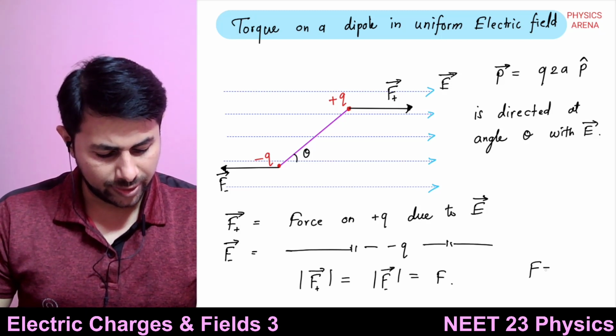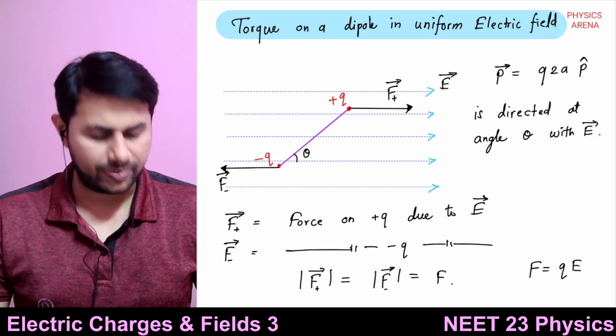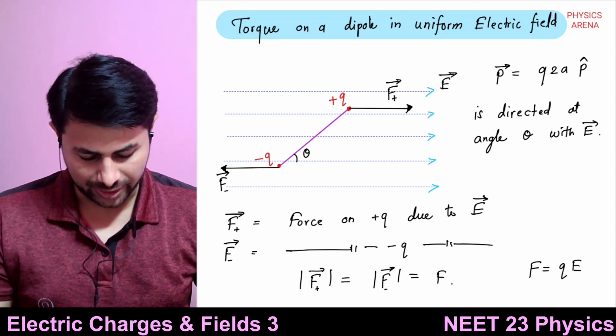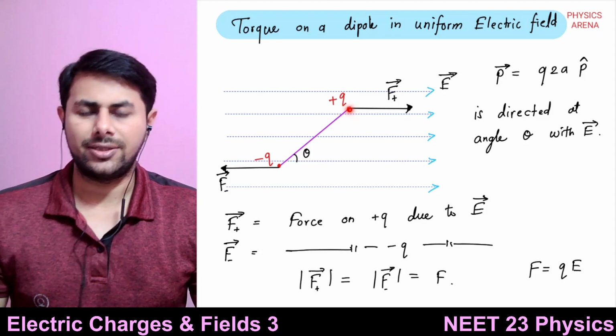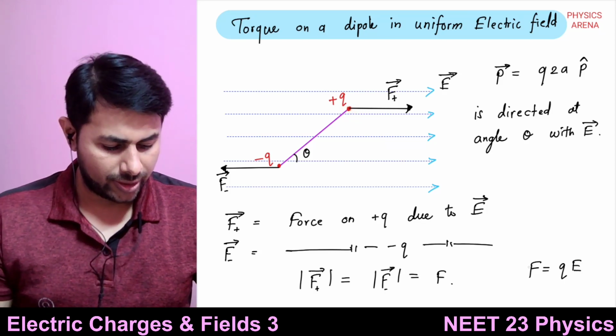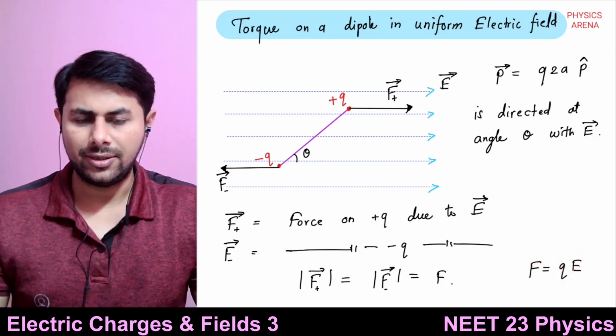So F is equal to the magnitude of the charge multiplied by the magnitude of the electric field. Because electric field is force acting per unit charge. If we consider this as a test charge, then electric field would be force acting per unit charge, F upon Q. So F is equal to Q multiplied by E, right?